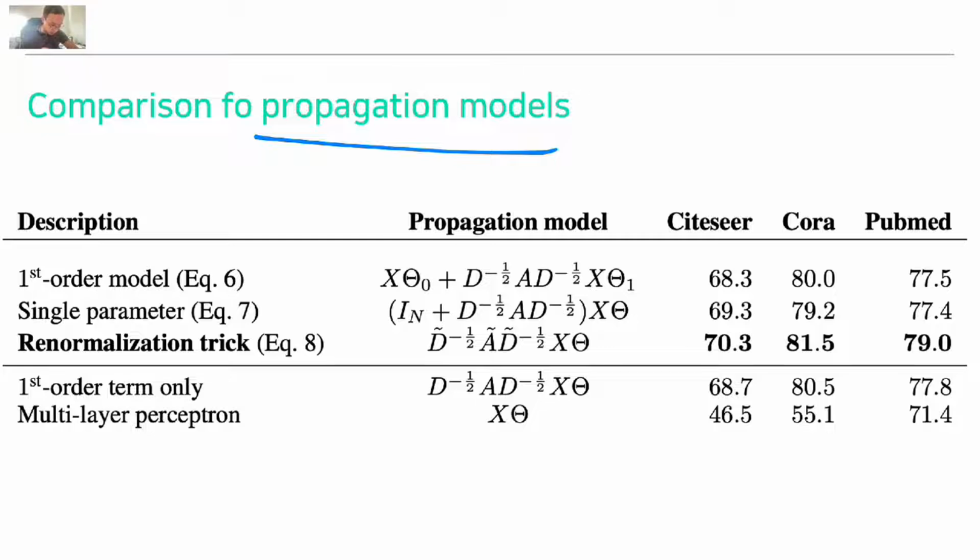We just ignore the adjacency and directly utilize their own feature information. Or without adding the self node, we just propagate the neighboring nodes' information. Or we use a single parameter, so the self edge is added later, or you can use another first order model like this.